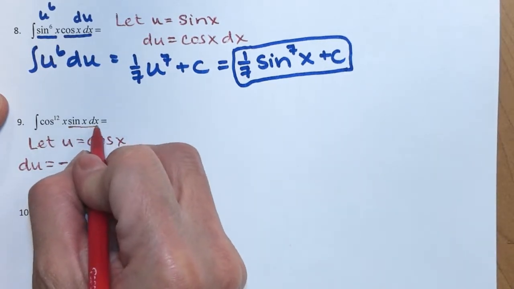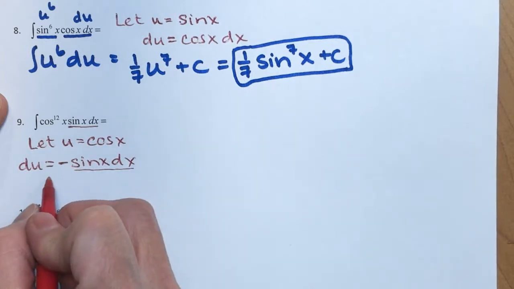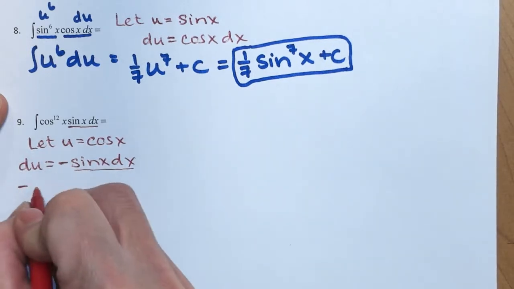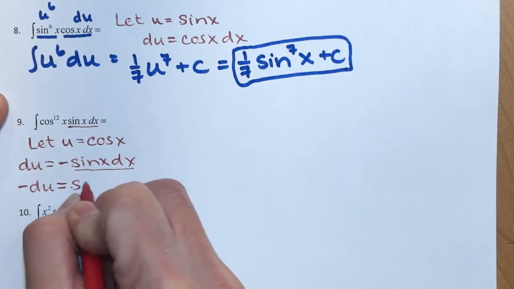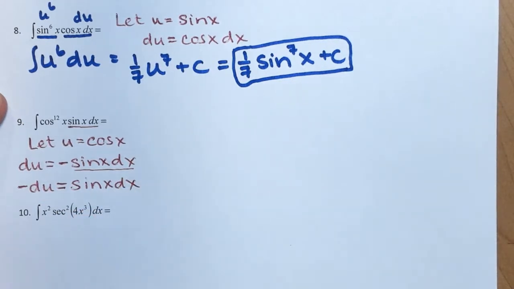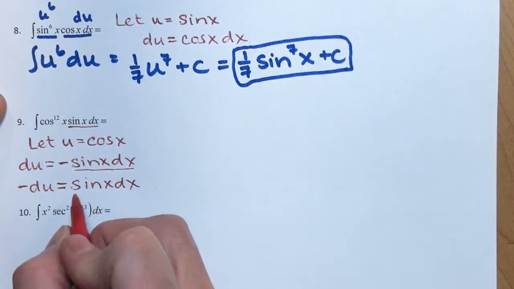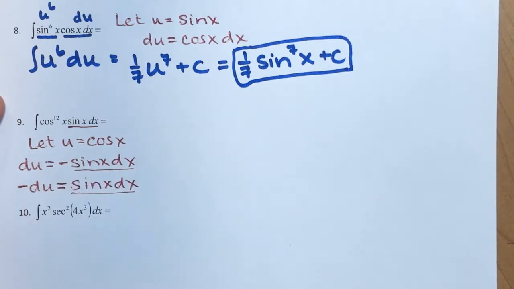Well, that means, since I only have sine x dx, I'm going to move the negative sign over to the other side of the equation. It's like a -1 scalar. And I get that negative du is sine x dx.